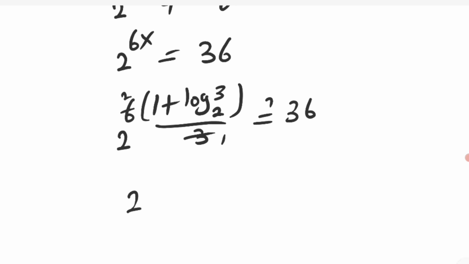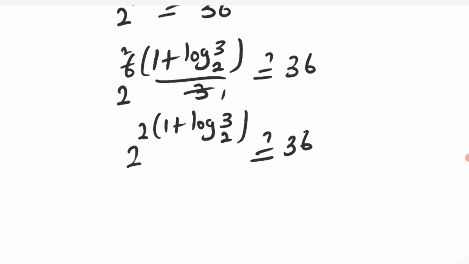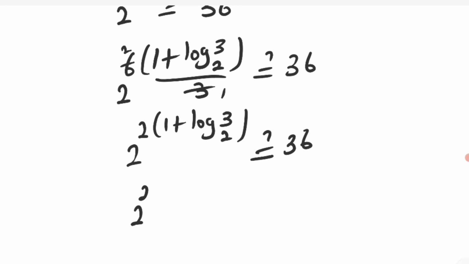Then this is 2 raised to power 2 bracket 1 plus log 3 base 2 must be equal to 36. Then this is 2 raised to power 2 plus 2 log 3 base 2 must be equal to 36.